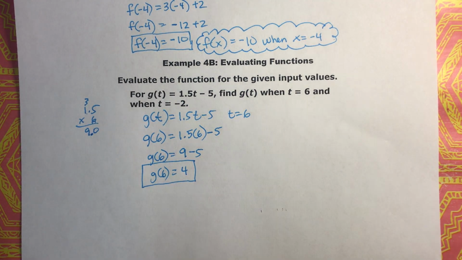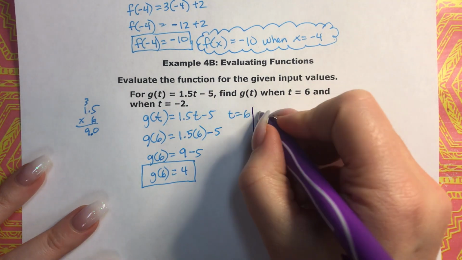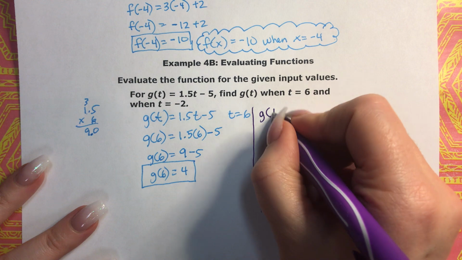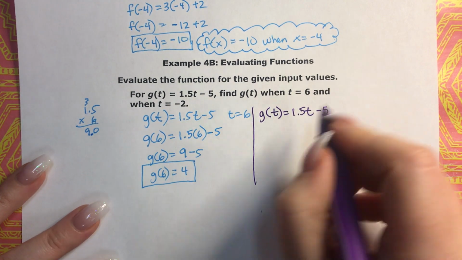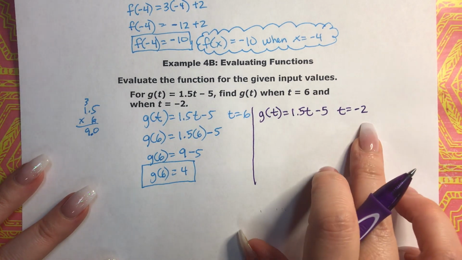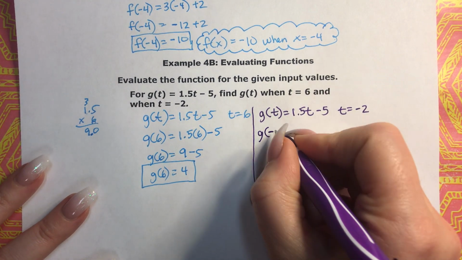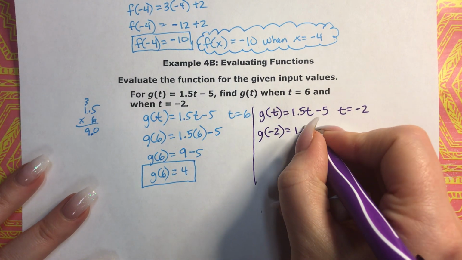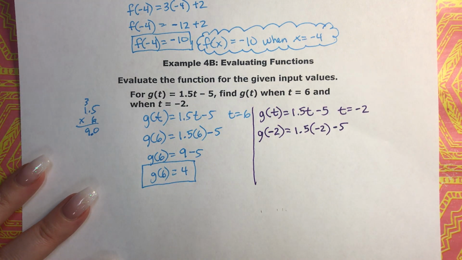Perfect. But we also had to figure out what it is when t is equal to negative 2. So I'm going to rewrite that function. g of t is equal to 1.5t minus 5, except now we're going to figure it out when t is equal to negative 2. So I'm going to substitute negative 2 in everywhere I see a t. So g of negative 2 is equal to 1.5 times negative 2 minus 5.